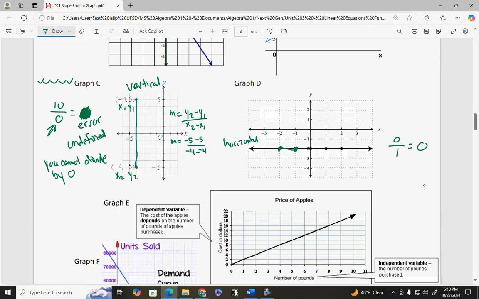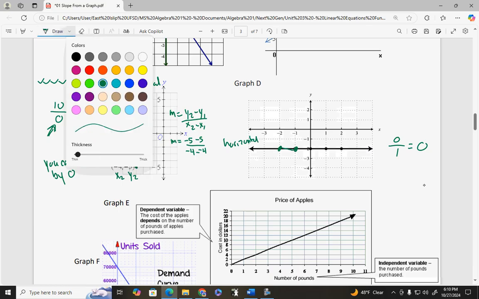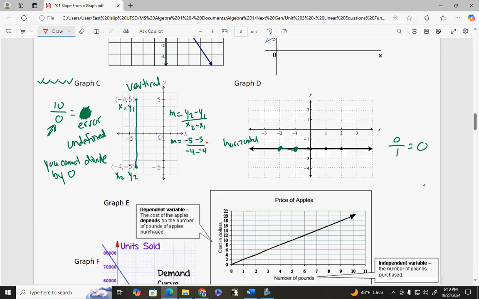Well, in the numerator, -5 minus 5 is really -10. In the denominator, -4 minus a -4, it's like keep, change, I get a 0. So honestly, I do get an undefined here. I get a 0 in the denominator, which is undefined. And I could do the slope formula on graph D, and guess what? You would get a 0 slope.